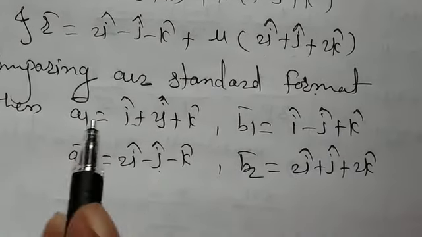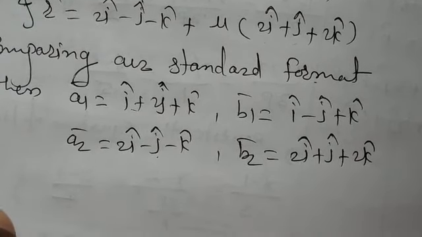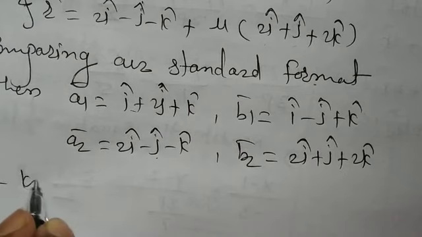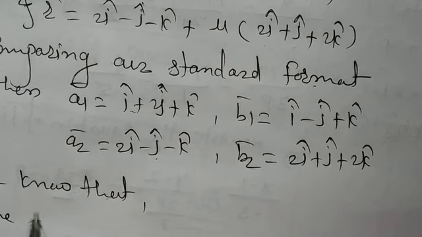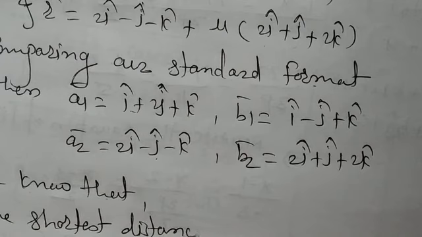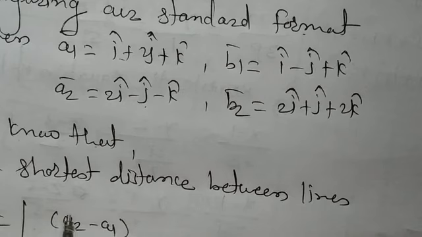Now when we know a1, b1, a2, b2, we know the shortest distance formula between lines: d is equal to the modulus of (a2 minus a1) dot (b1 cross b2) upon the magnitude of b1 cross b2.